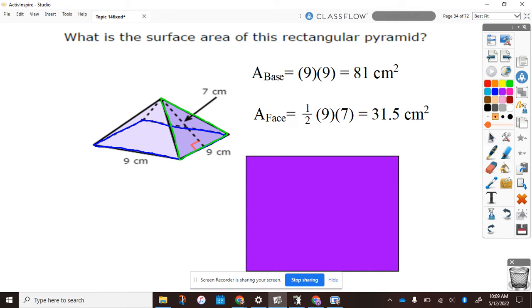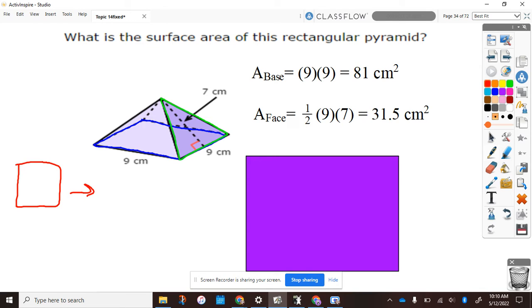If any of y'all have asked me for help on our Canvas problems that we've worked on this week, you would notice that this is something that I did. I'm just going to make a list of all of the different two-dimensional faces that make up this pyramid. We've got one square on the bottom. It's a square base.